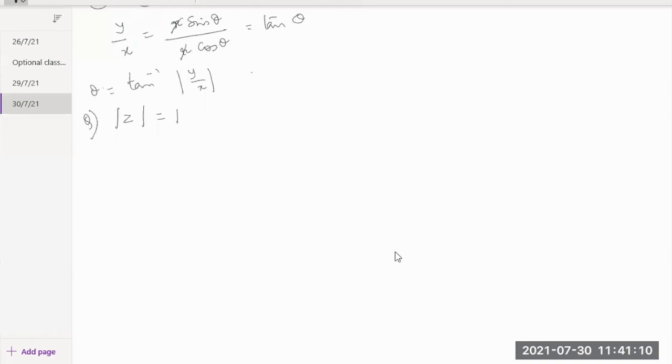Now see, you already know that z is equal to x plus iy. And you also know the definition. So therefore, this is nothing else but under root of x square plus y square giving you 1. When you square both the sides, you get x square plus y square giving you 1 over here. Clear?